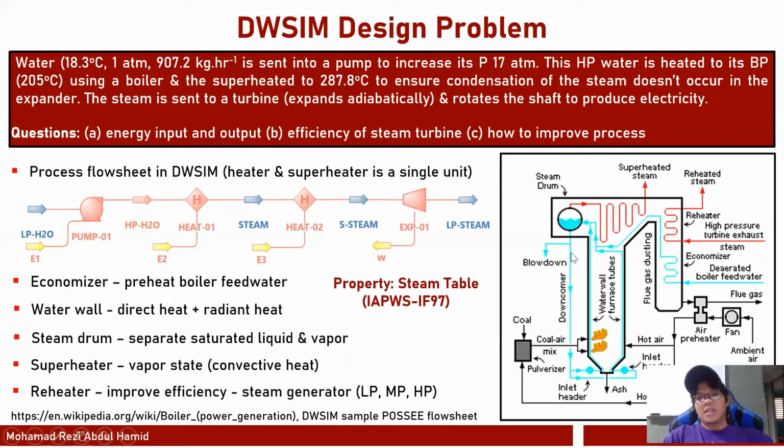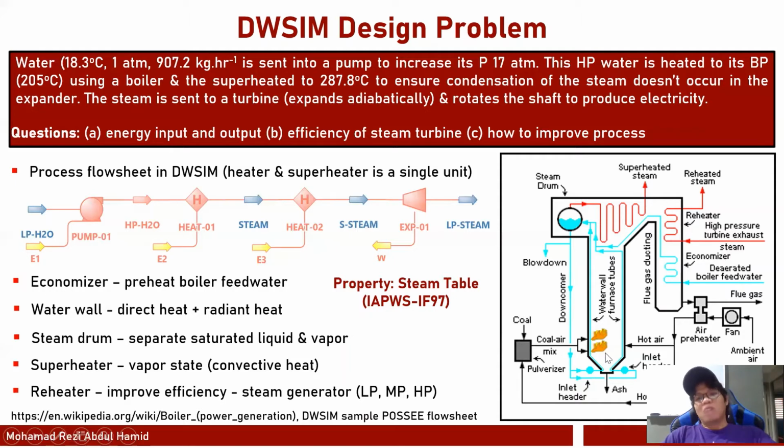And then, as I said, after the economizer, the water goes into these tubes, I guess. Some people call these many tubes surrounding this area a water wall.